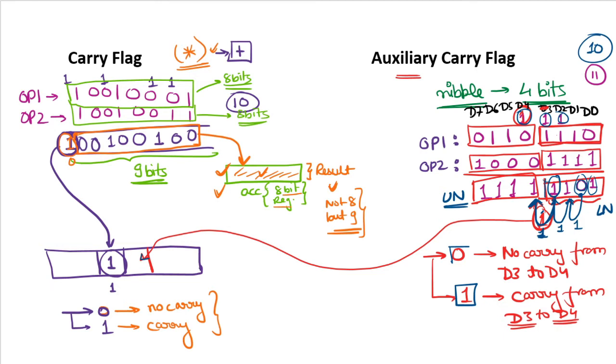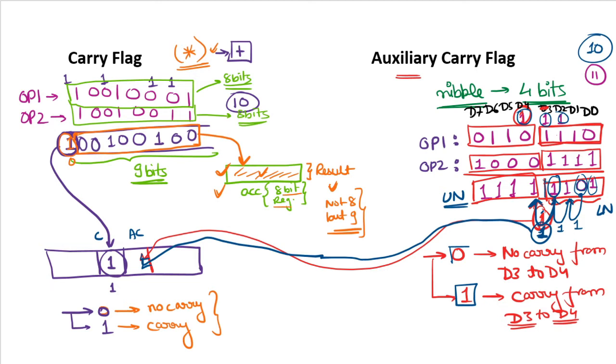Whatever carry we get from D3 to D4, whether it be 0 or 1, we directly take this value and put it in auxiliary carry. This is AC and this is carry flag. So the carry from D3 to D4 is also called auxiliary carry flag. I hope I'm making sense here.